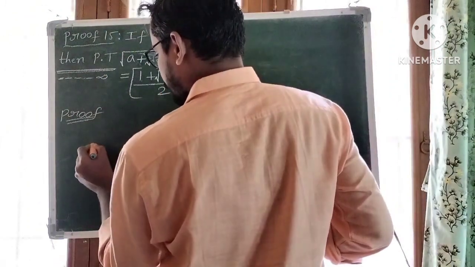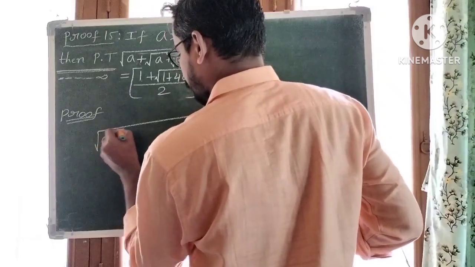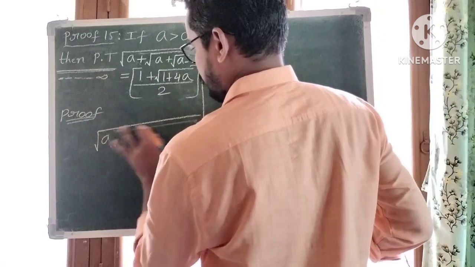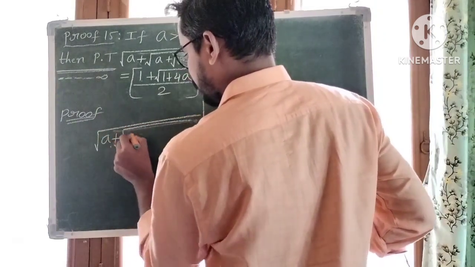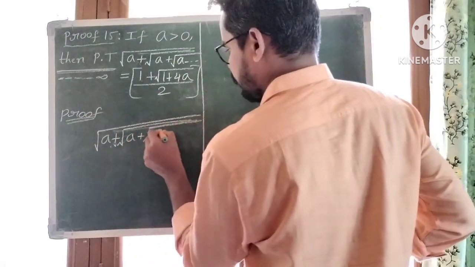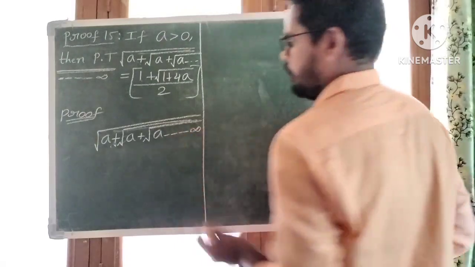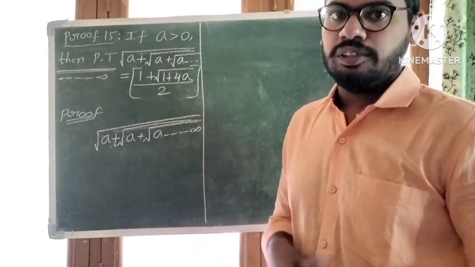Here LHS is square root of a plus square root of a plus square root of a plus square root of a and so on, how many times? Infinity times. Uncountable number of times.